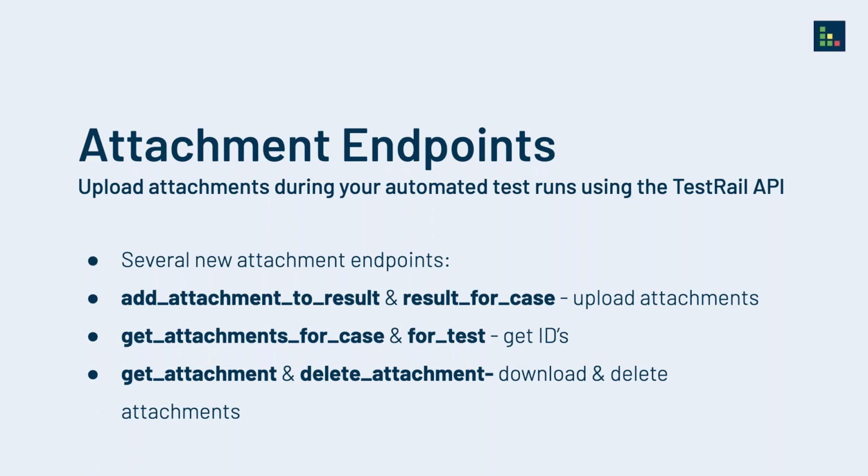So again, this is by popular demand, a feature that was very highly requested by the community, and we've added the add attachment to result and add attachment to result for case endpoints to our API repertoire.